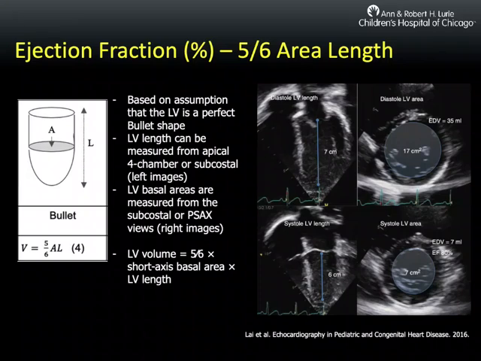And here you can see that that's done on the four-chamber. And then on the right side, the left basal circumferential areas are measured from the subcostal or parasternal short axis views.